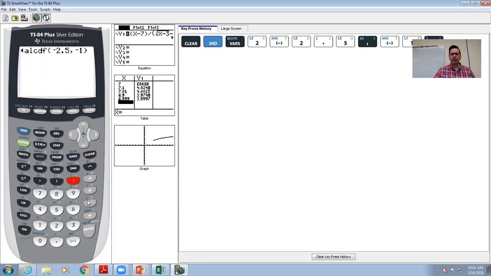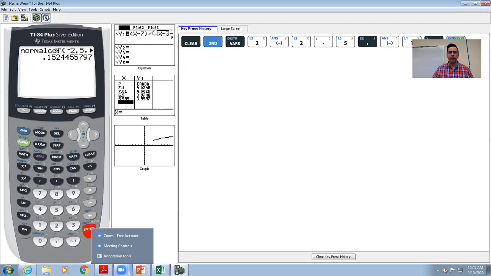And then I think there's something on the bottom that says paste. So you click where it says paste, and then it will put it in this screen. Okay. So if I put it in like that and I hit enter, it gives me almost the same answer. If I rounded that to 4 decimal places, it would give me 0.1524, but that's pretty close.